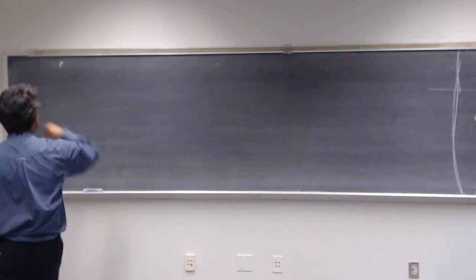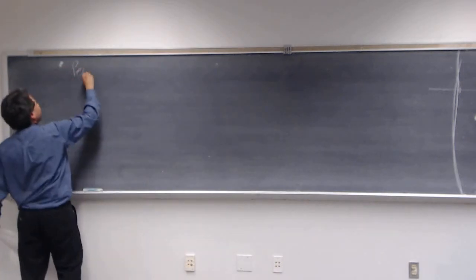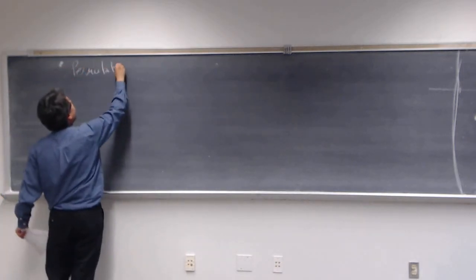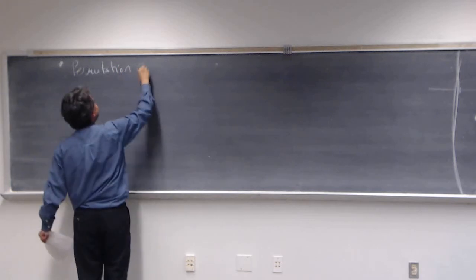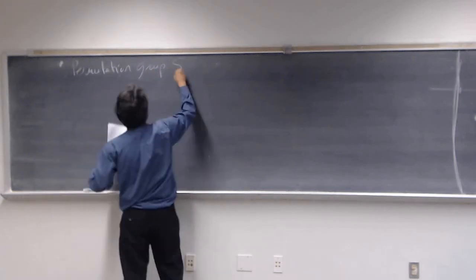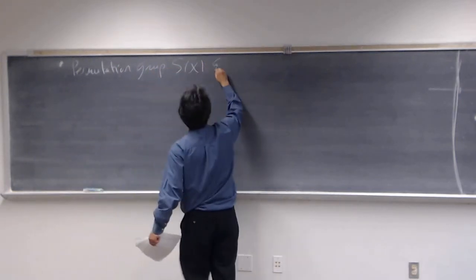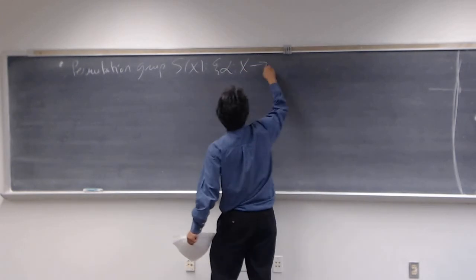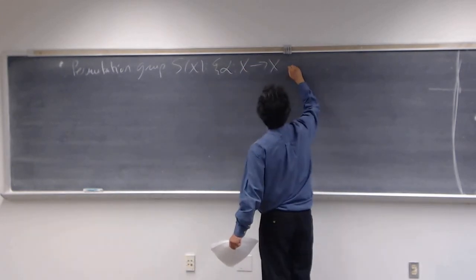Okay, today we're going to begin talking some more about permutation groups. So the permutation group S of x, that's just all mappings from x to x that are one-to-one and onto.